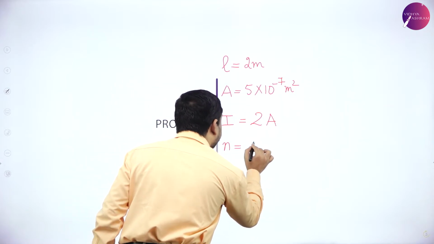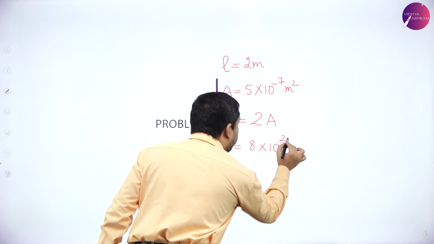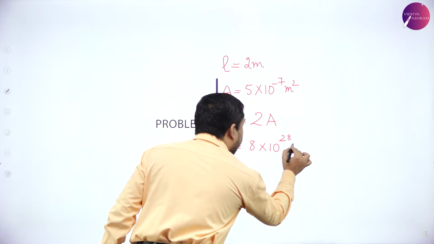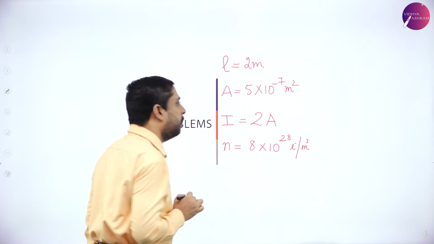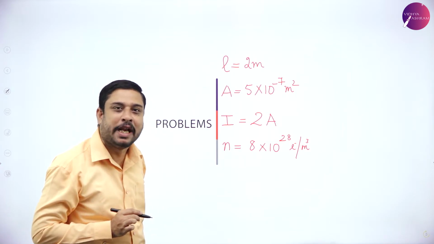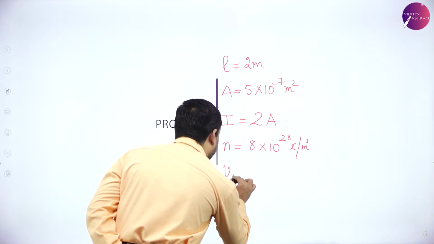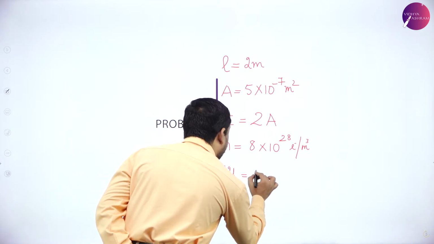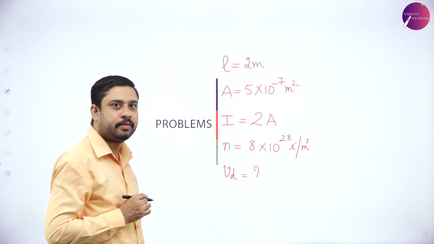So n is 8 into 10 power 28 electrons per meter cube. What is that? First I have to calculate, yes, I have to first calculate the drift velocity of the electrons.